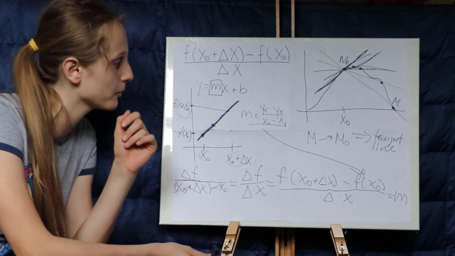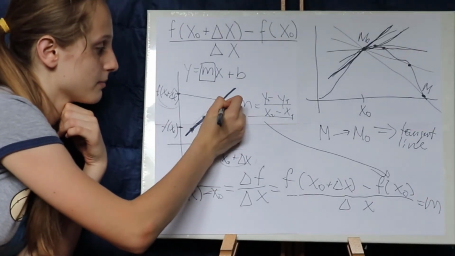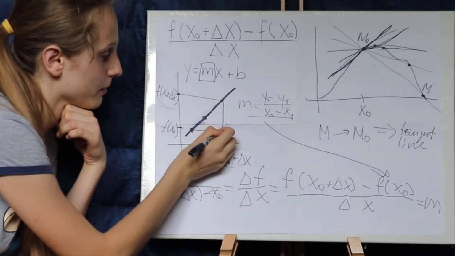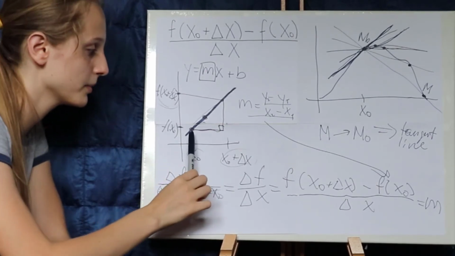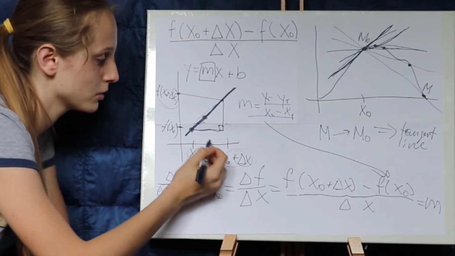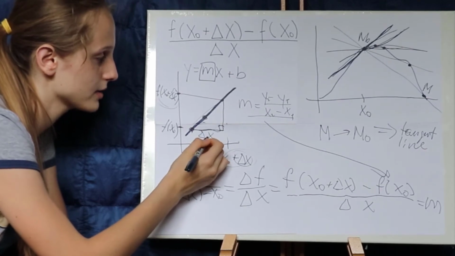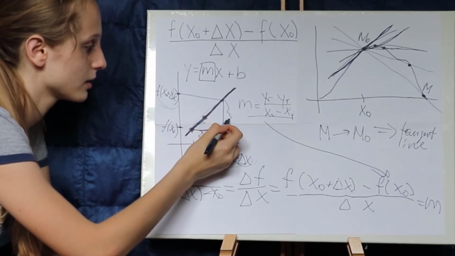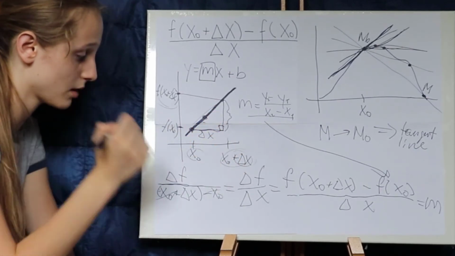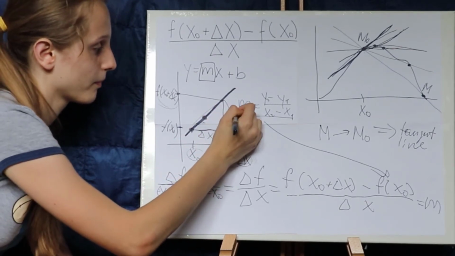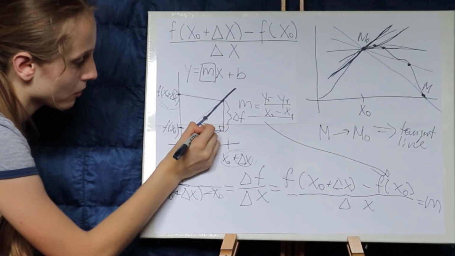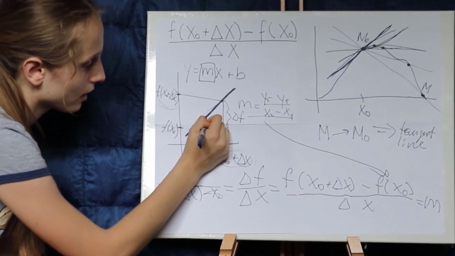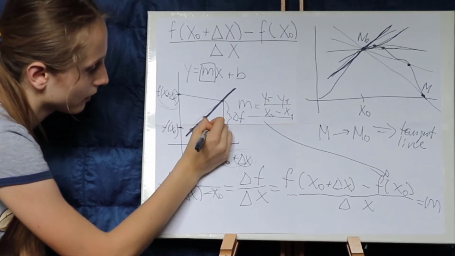But let me tell you one more thing. This triangle right here is a right triangle, and it can be formed with this length equal to change of x, and this is our delta f. Let's look at this angle. I'll call it theta.